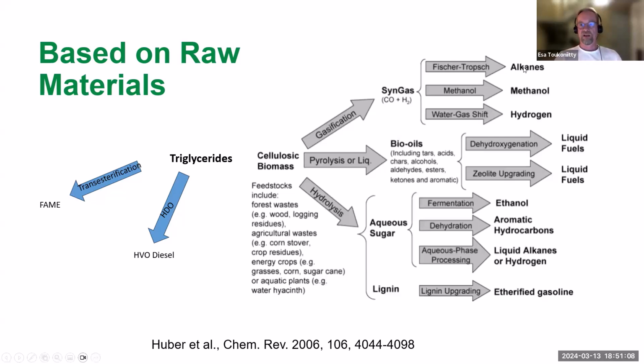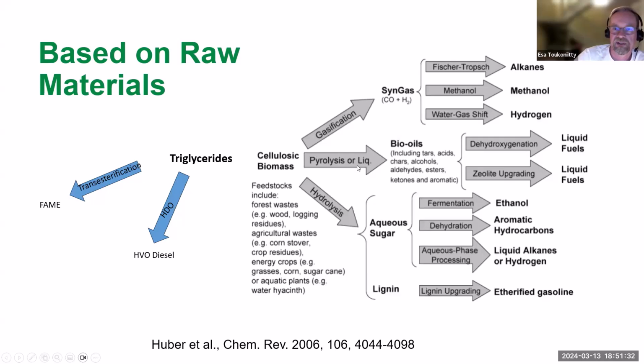And like here, you can make alkenes. Those are hydrocarbons, so work as a fuel. Alcohols, methanol, and hydrogen all can be used as fuels, or these can also be processed further to something useful. Then we can use pyrolysis or liquefaction.